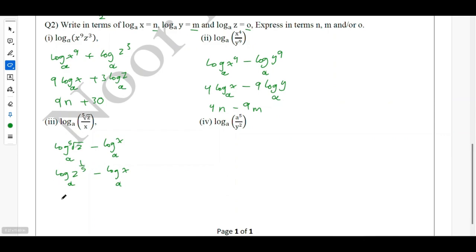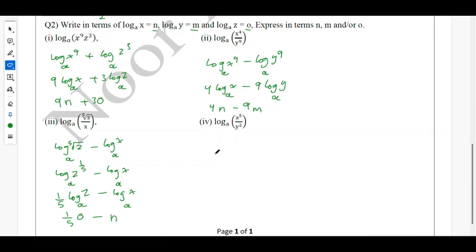The power becomes a coefficient: 1 over 5 log z to the base a minus log x to the base a. 1 over 5 o minus n.